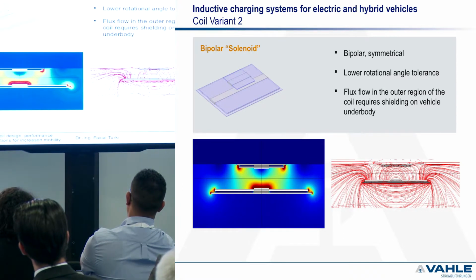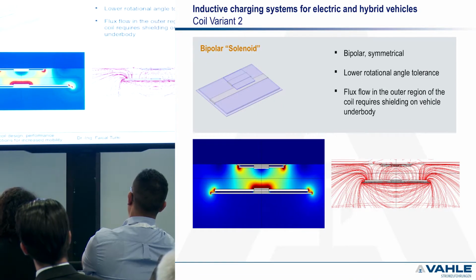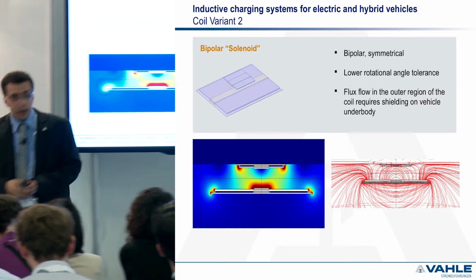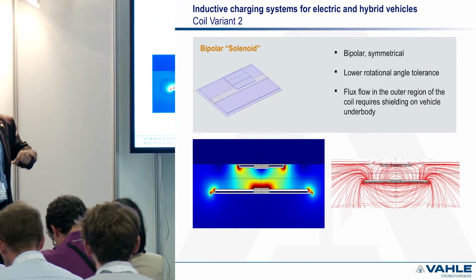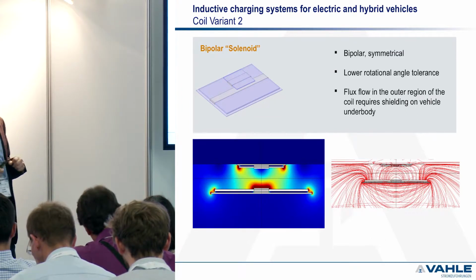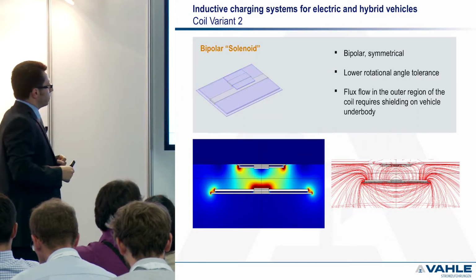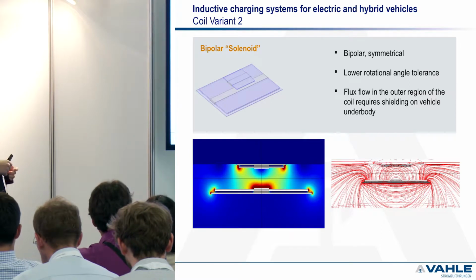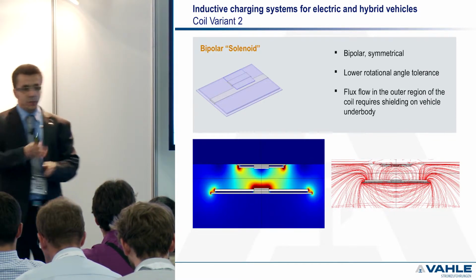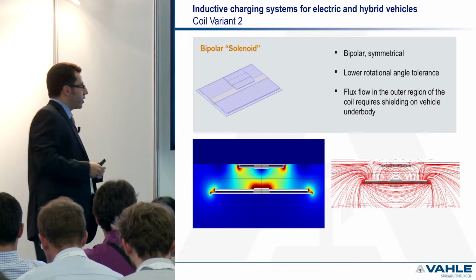With the circular one, you don't have that. So this leads to a higher coupling at higher air gaps. It's only good for higher air gaps. For smaller air gaps, it's better to have the circular coils. But for this application, it was shown that bipolar coils or symmetrical coils are very good.